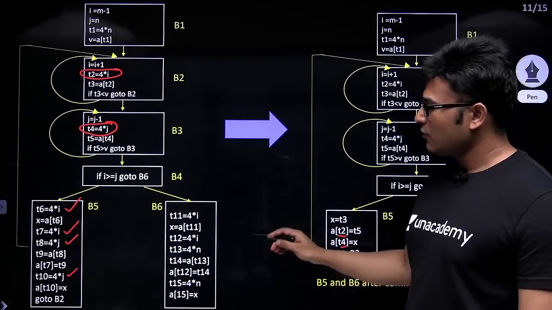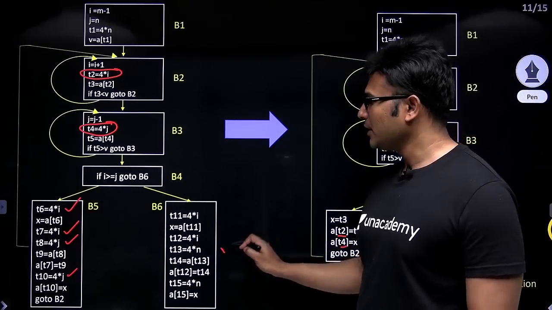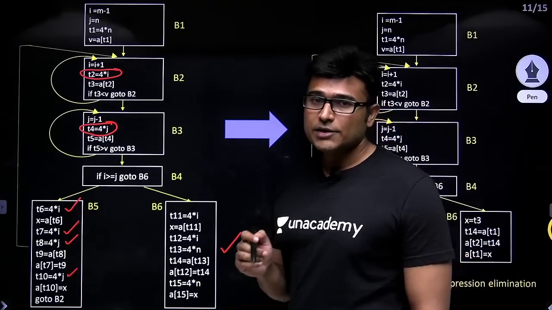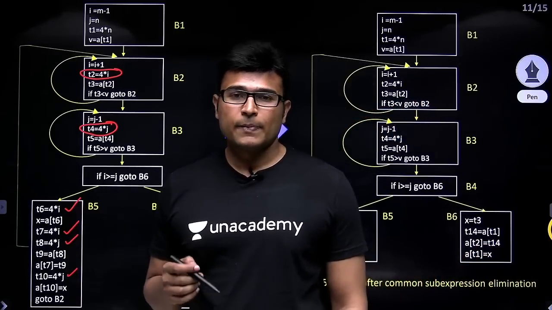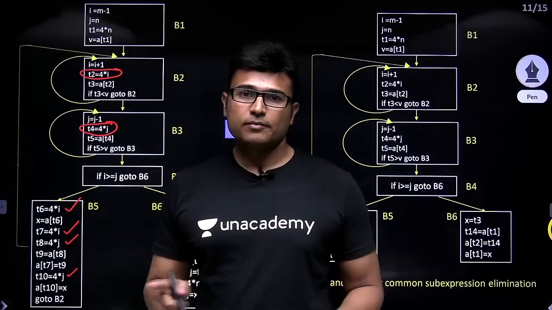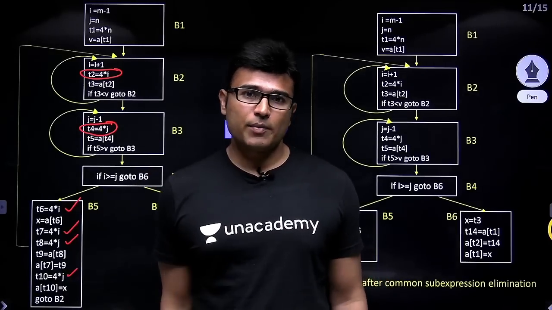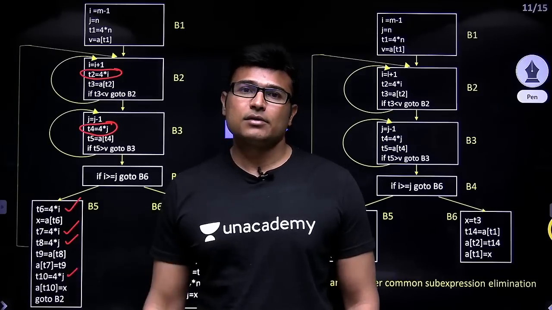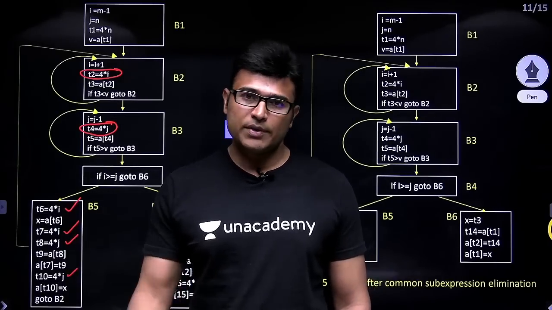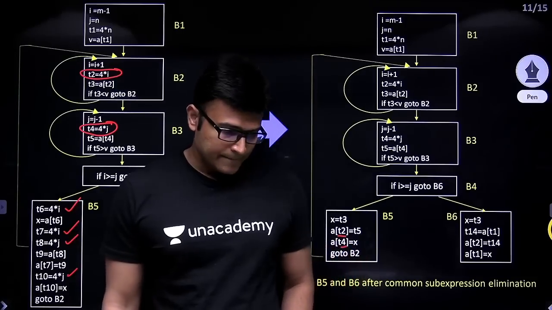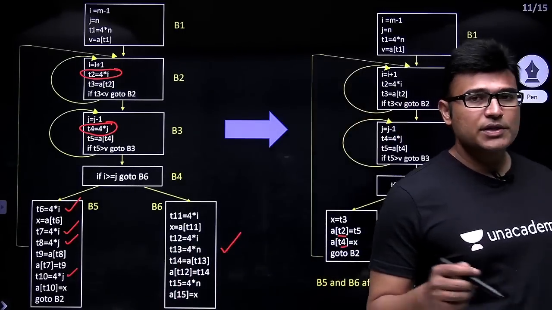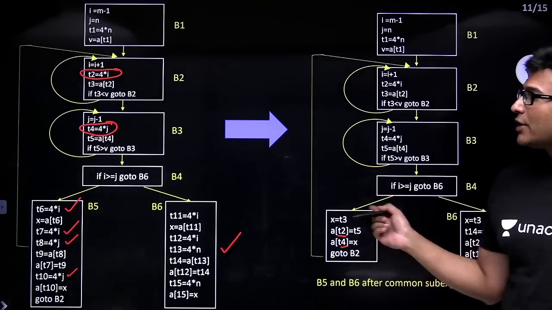The same kind of optimization can be applied here as well. So this kind of question is possible in GATE. They will give you a very big program, and then they will ask you to eliminate the common sub-expressions, and then ask how many lines are remaining in block B5, block B6, like this. So don't just look at the common sub-expressions within a block, look at all the blocks.